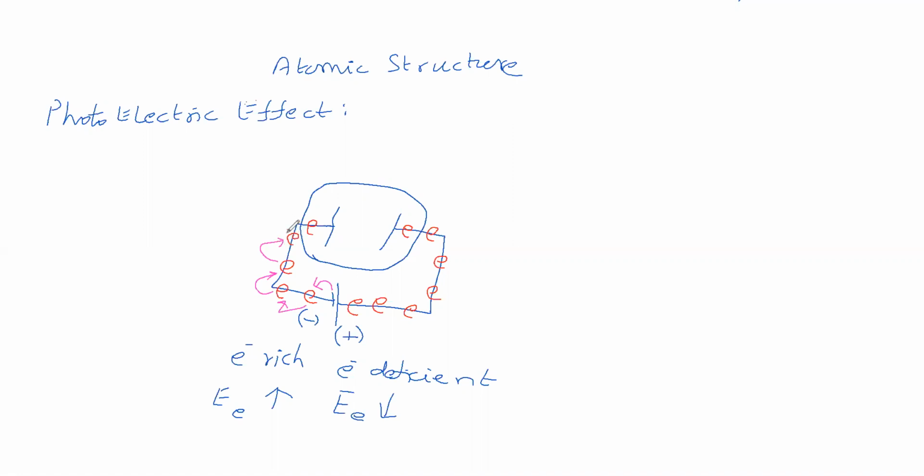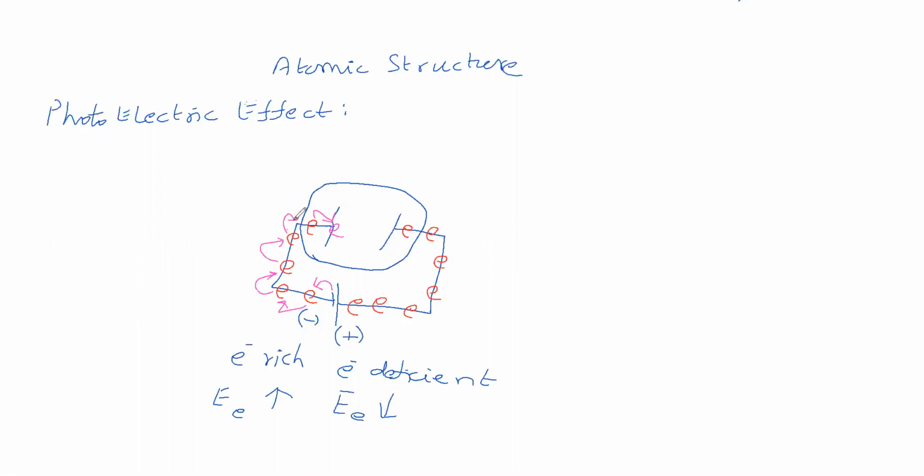Then this is striking this, so this electron gets higher energy. It is striking the electron in this metal plate, therefore it is getting higher energy. Now this electron is in a higher energy position. This is one possibility.